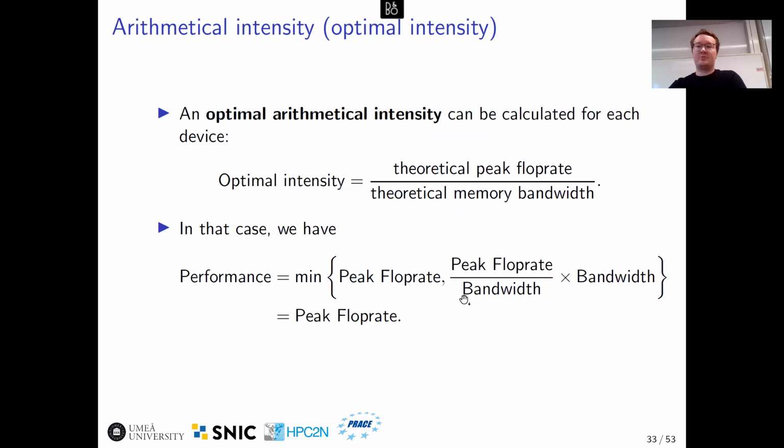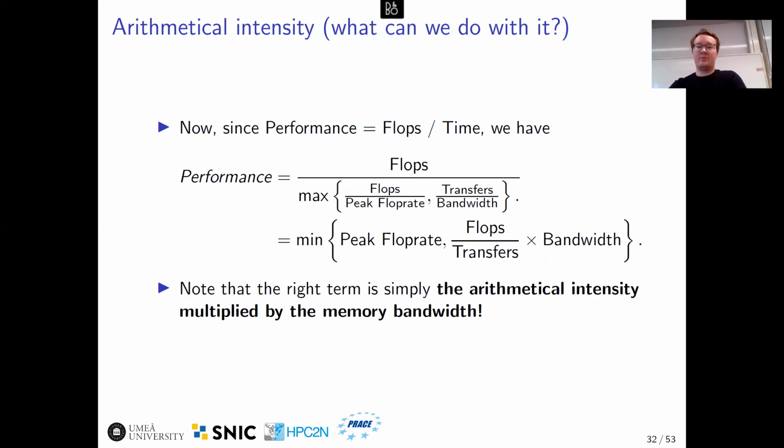Okay, I was asked to talk a bit slower, so I will just do a brief recap of what I said earlier. We derived this formula that we can use to estimate the performance, and it is the minimum of two terms. The first term is the peak flop rate, and the second term is the arithmetical intensity of the code multiplied by the memory bandwidth.